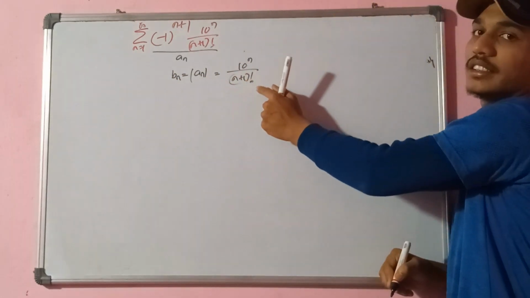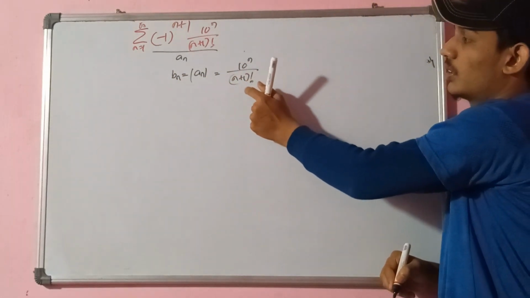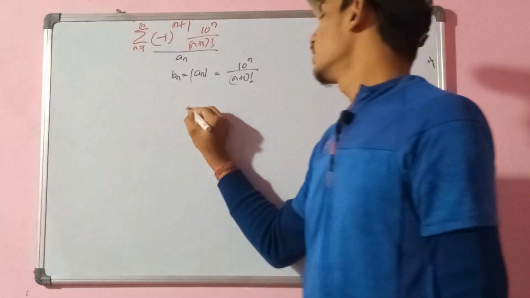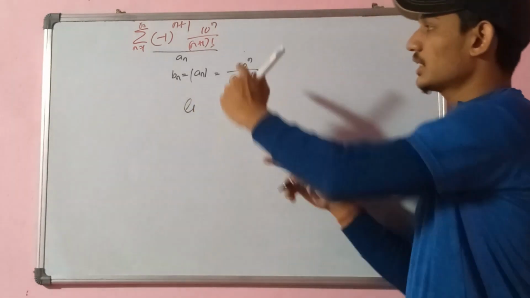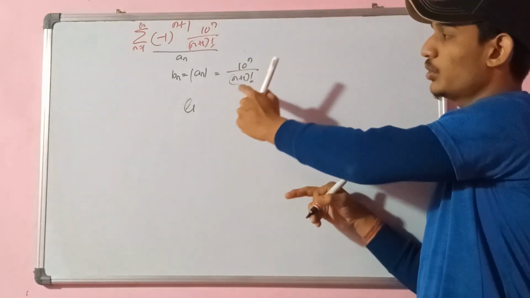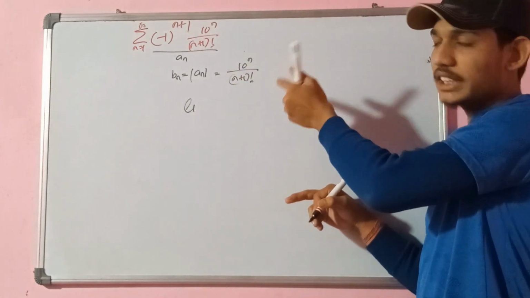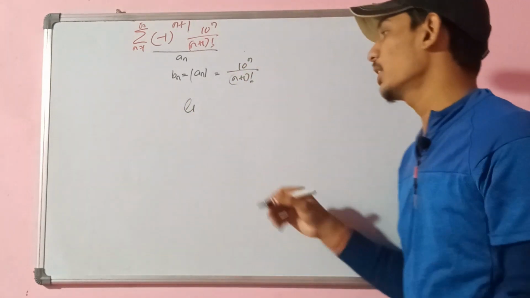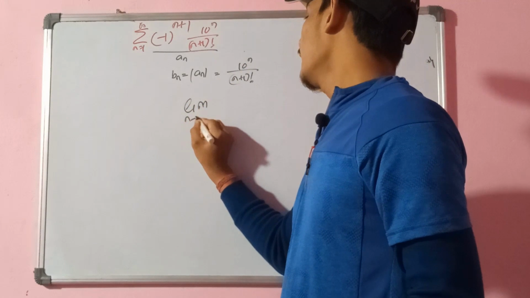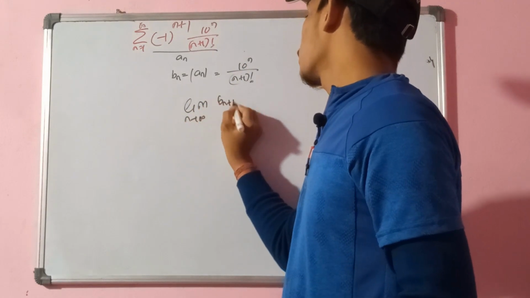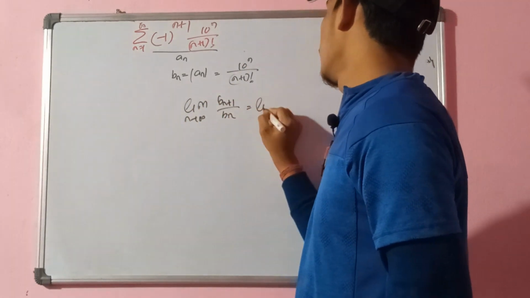Which test would you like to adopt here? I will use the ratio test, because a factorial term is there. If you use the root test, meaning power 1 by n, it will be more difficult for you. So limit n tends to infinity bn plus 1 divided by bn. Do it.